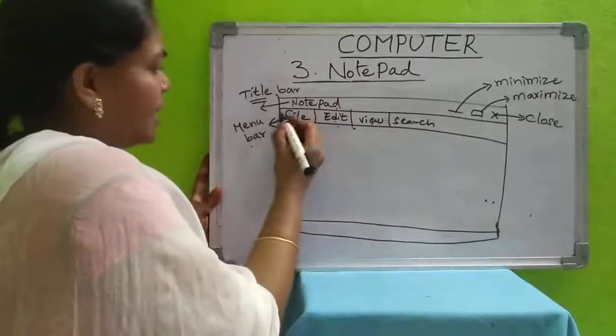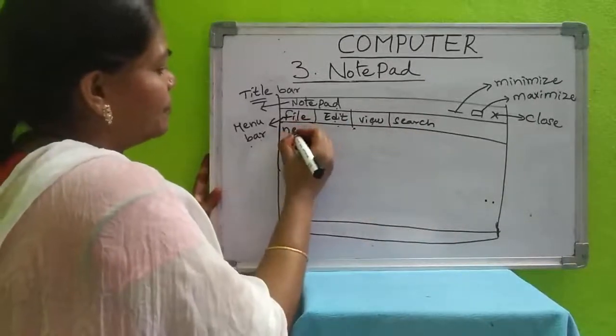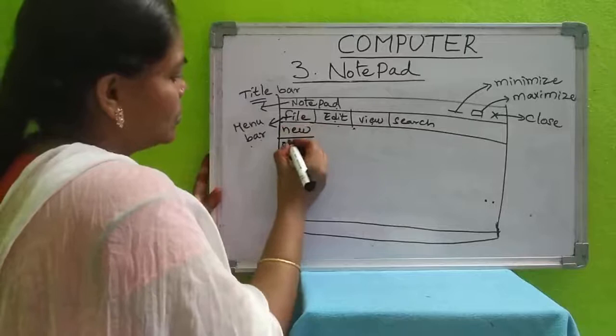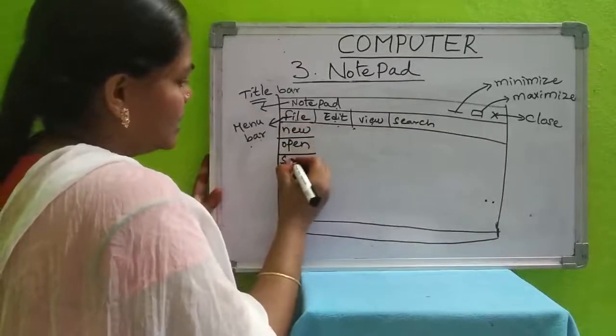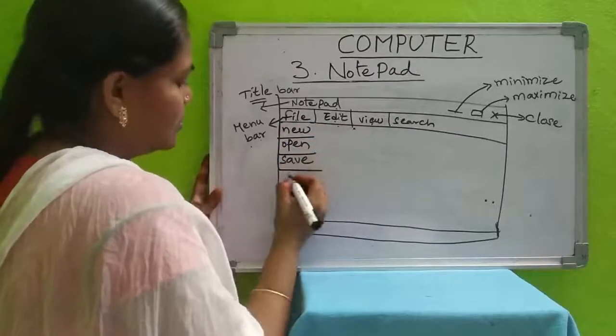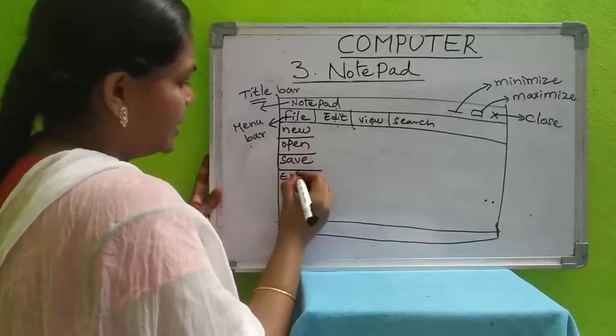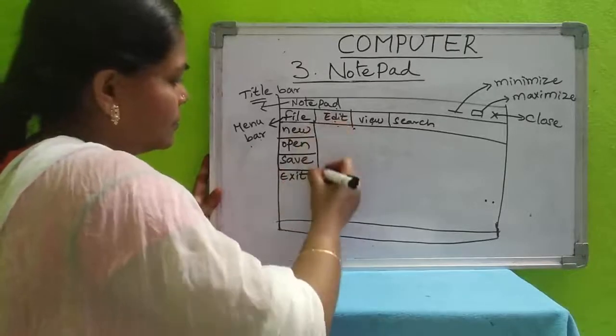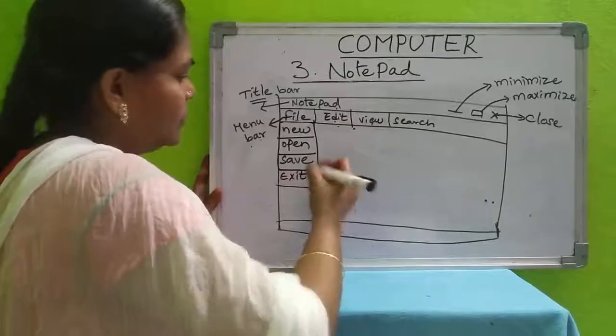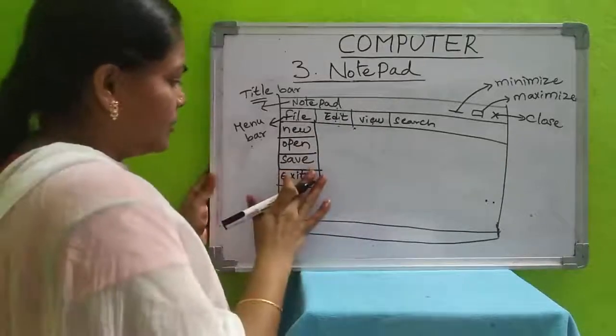In this File tab, when you click on it, you have New, Open, Save, Close or Exit, and Print also. These 4 options we will learn now.